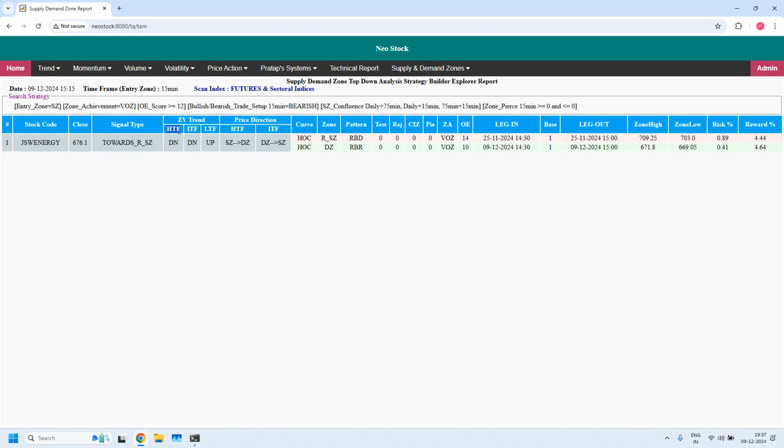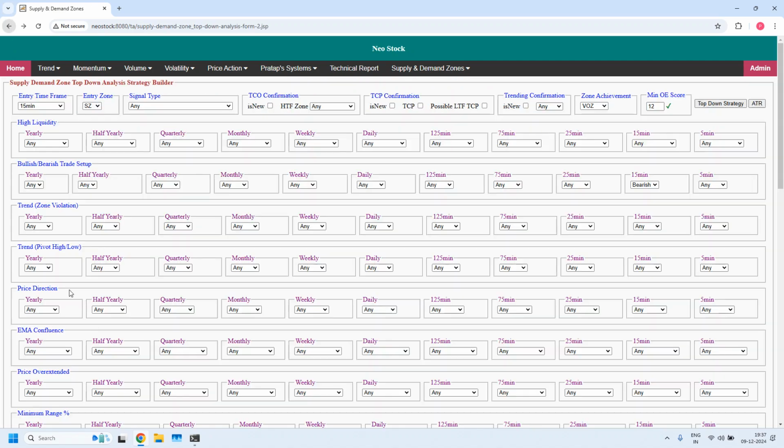Okay, the daily trend is a downtrend. Because the daily trend is downtrend and the 15 minutes and 75 minute zones are part of the daily zone, if this daily zone is having daily EMA Confluence, it is an even more high probability trade setup. Let's verify. In the EMA Confluence, daily time frame, the daily supply zone having daily EMA Confluence filter is enabled.